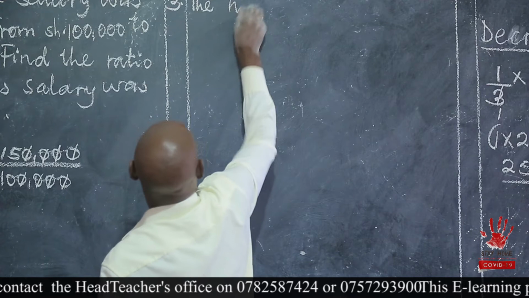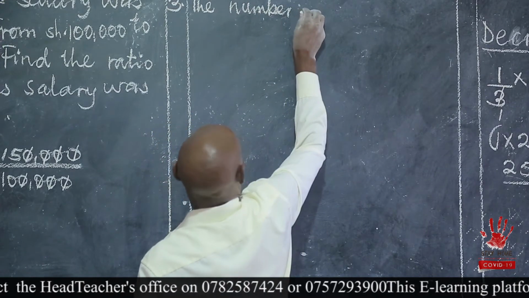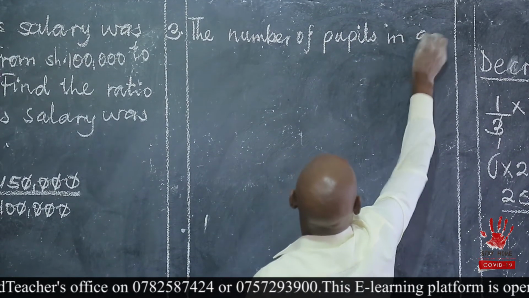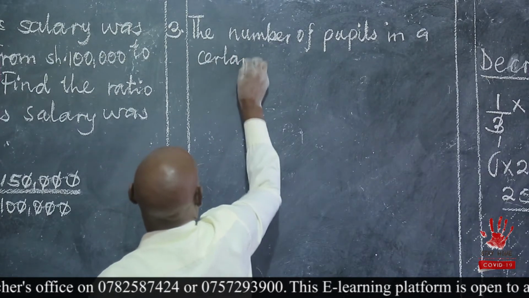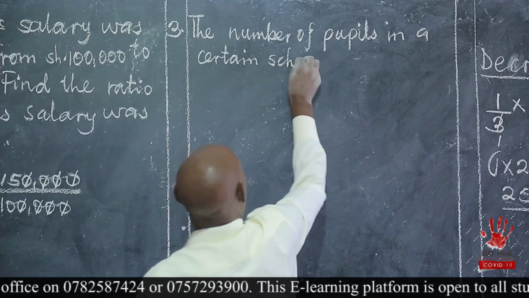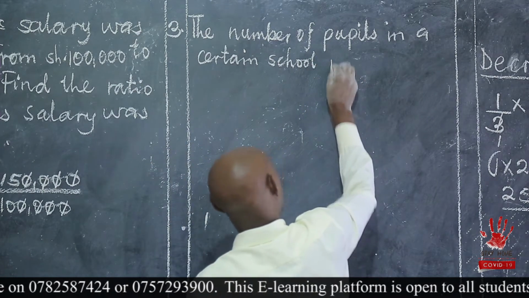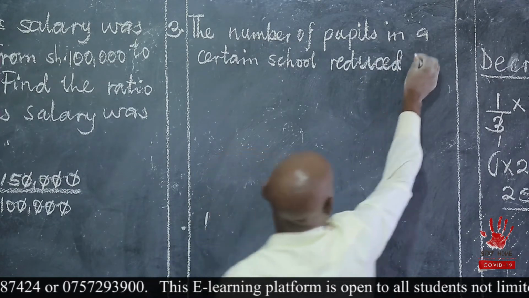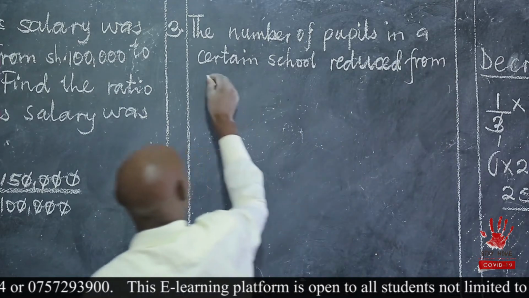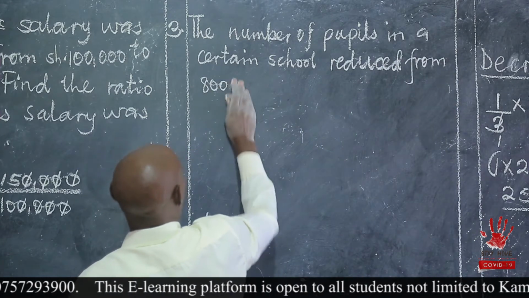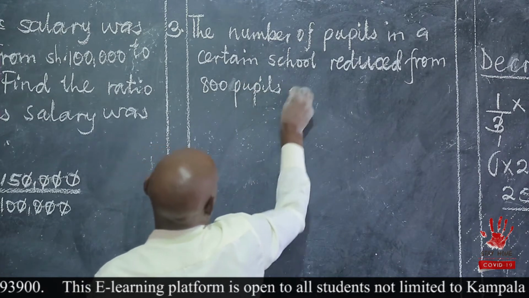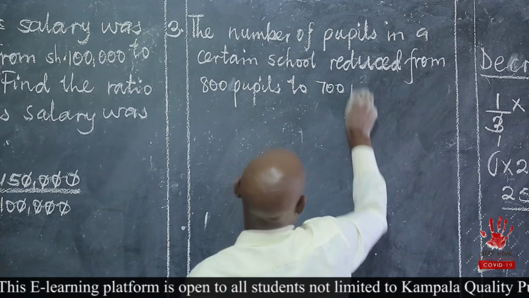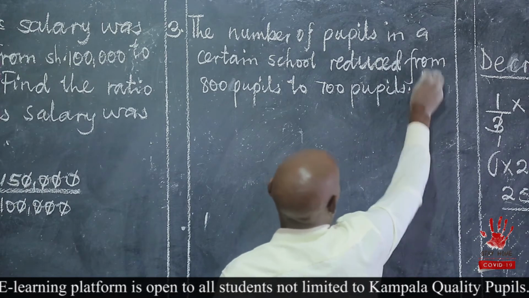The number of pupils in a certain school reduced from 800 pupils to 700 pupils.